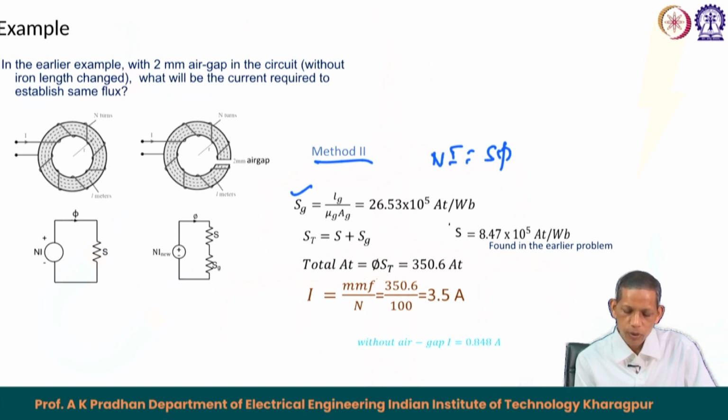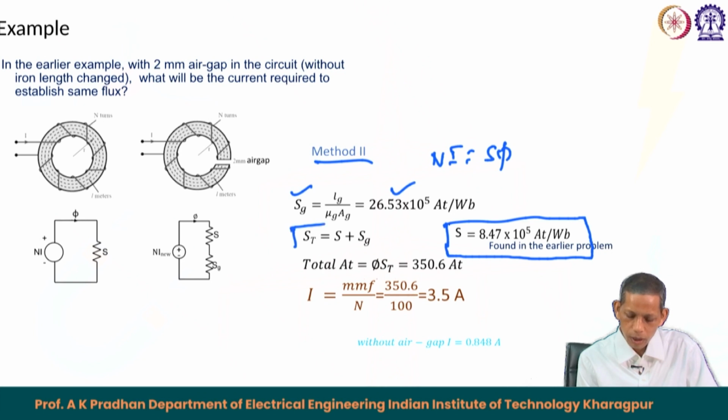Substituting the value of L g equals 2 mm gap, we got the corresponding value to be 26.53 into 10 to the power 5 ampere turn per Weber. Note that the S g for the gap part is much larger because mu r equals 1, whereas the S for the core part we have already found out becomes 8.47 into 10 to the power 5 ampere turn per Weber, in the earlier example we have already calculated.